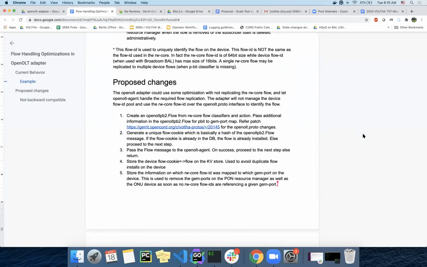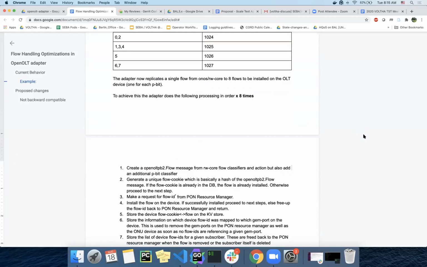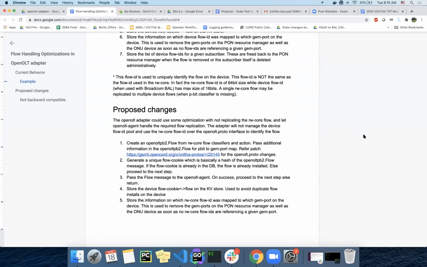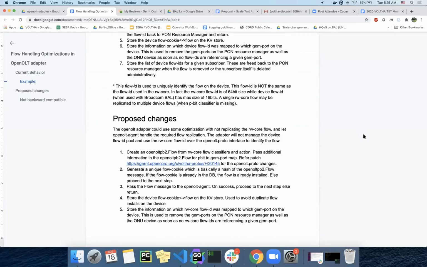So in a strict sense, as per the ITU PON standard, I don't see any mention of flow ID anywhere. The only PON resource IDs that we really talk about in the standards are the ONU ID, gem port ID, and alloc ID.